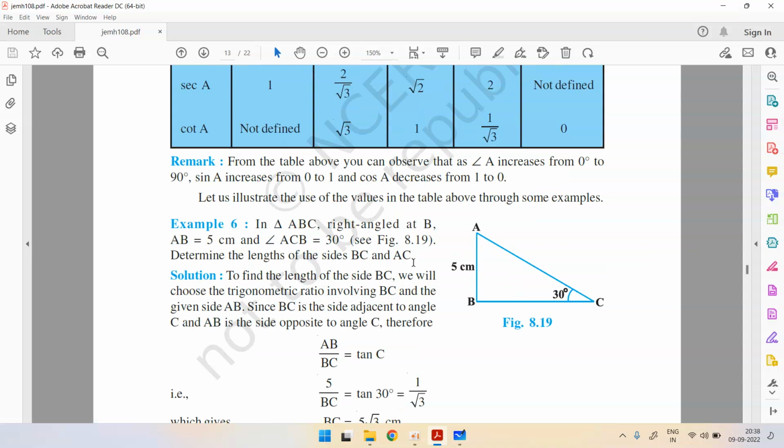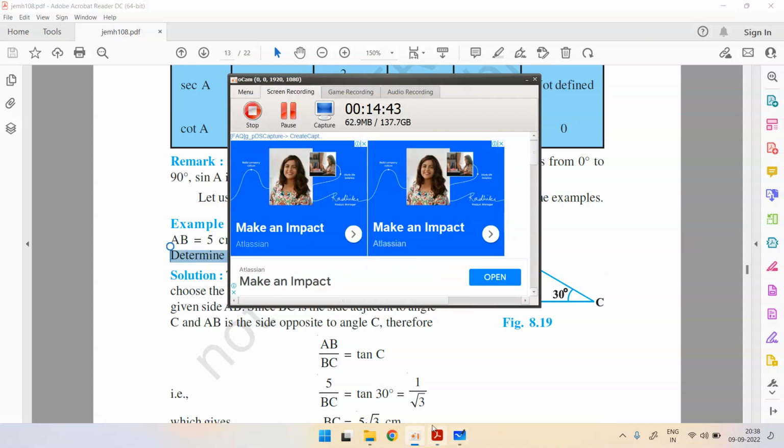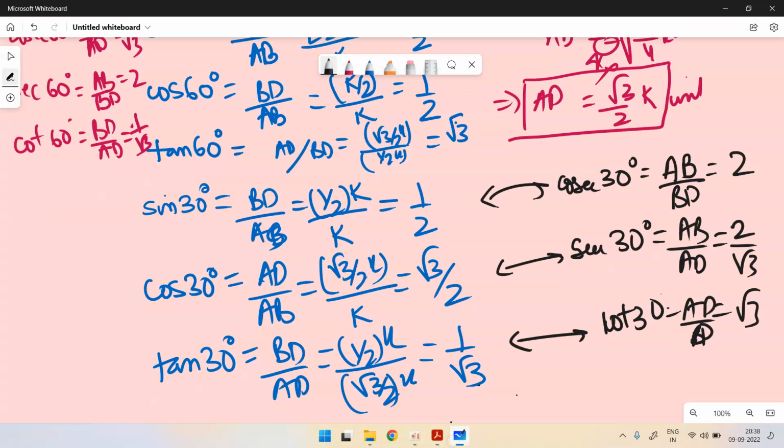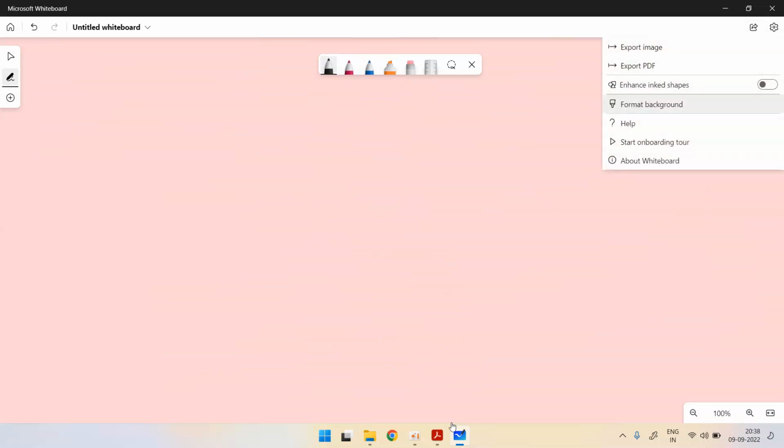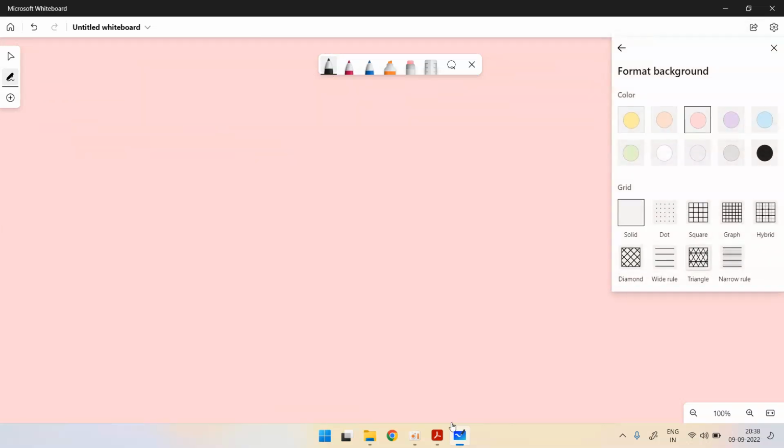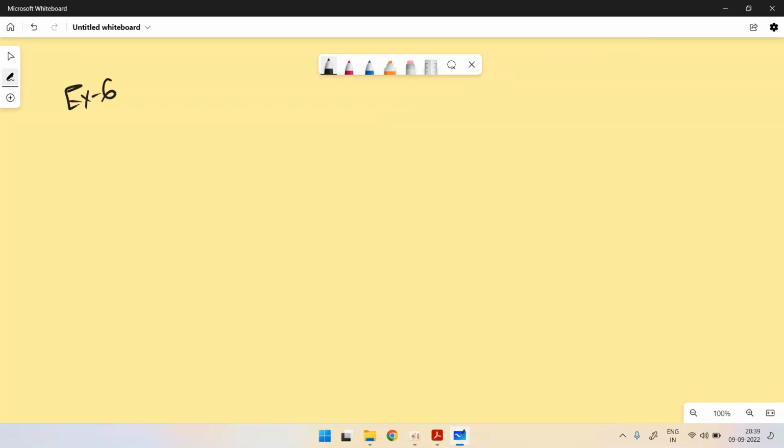It says that in a triangle ABC, right angle at B, that is angle B equal to 90 degree, AB equal to 5, and angle ACB is 30 degree, determine the lengths of BC and AC. So example number 6.